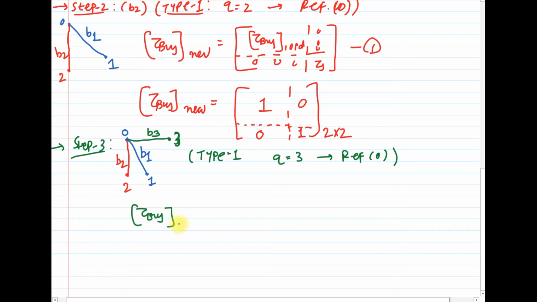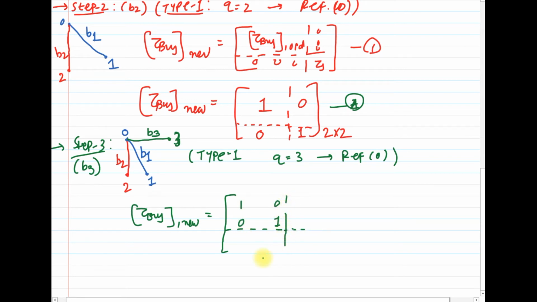Yes, the final answer for this modification in type 1 modification for the element B3, which is Z bus new is equal to Z bus old, which we have derived in our exact previous modification, means step number 2, which is this equation number A. So I can write the Z bus old, which is 1 0 0 1.